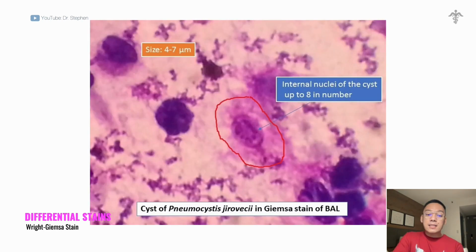Wright-Giemsa stain is also a part of the differential stains. Wright-Giemsa stain is used to detect blood parasites, viral and chlamydial inclusion bodies, and Borrelia, Toxoplasma, Pneumocystis, and Rickettsia species.